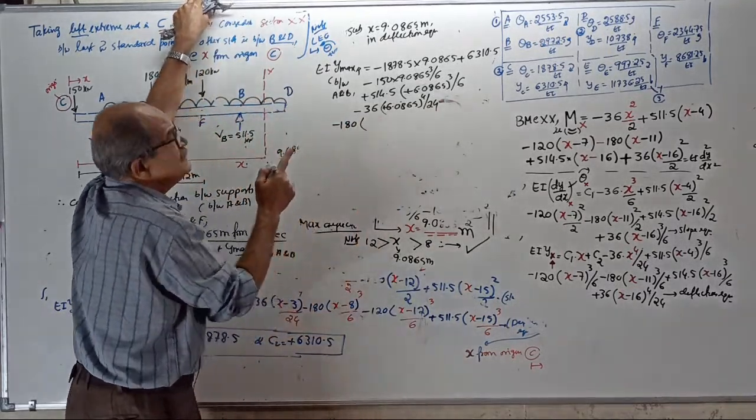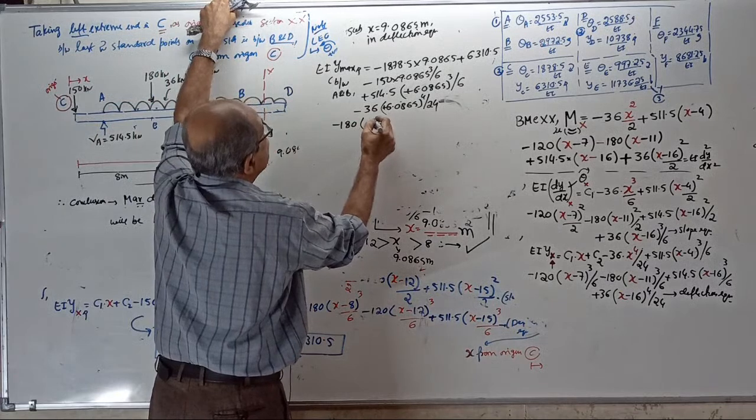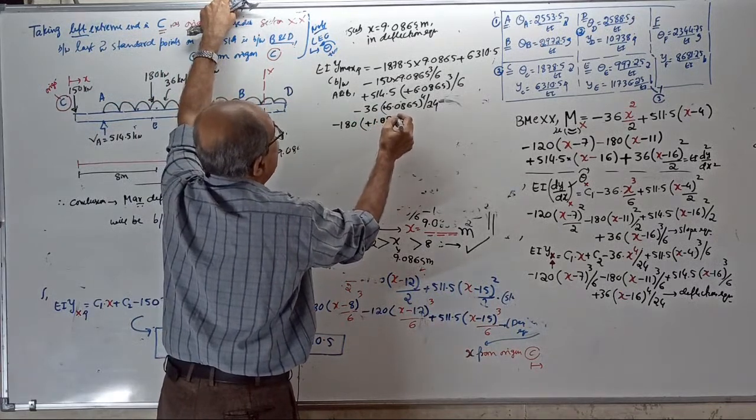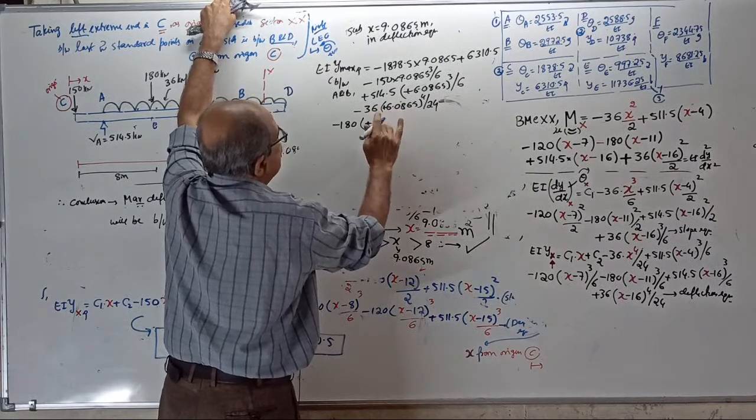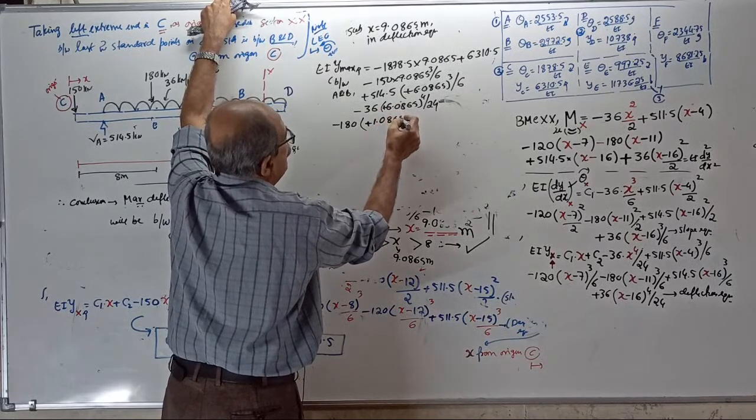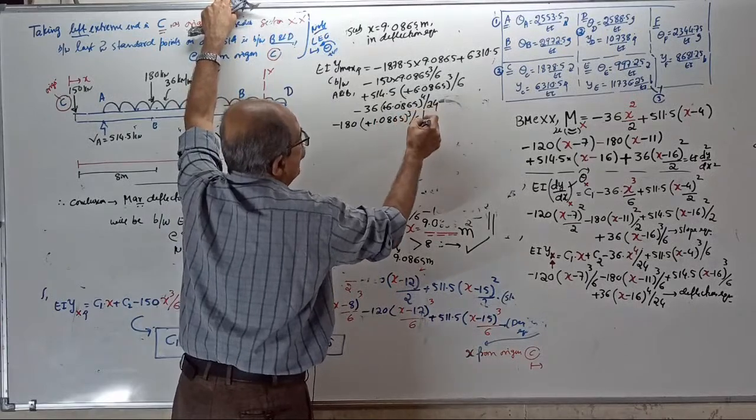Yes, x is more than 8, so it will come plus 1.0865 cube by 6. Now you have to stop.